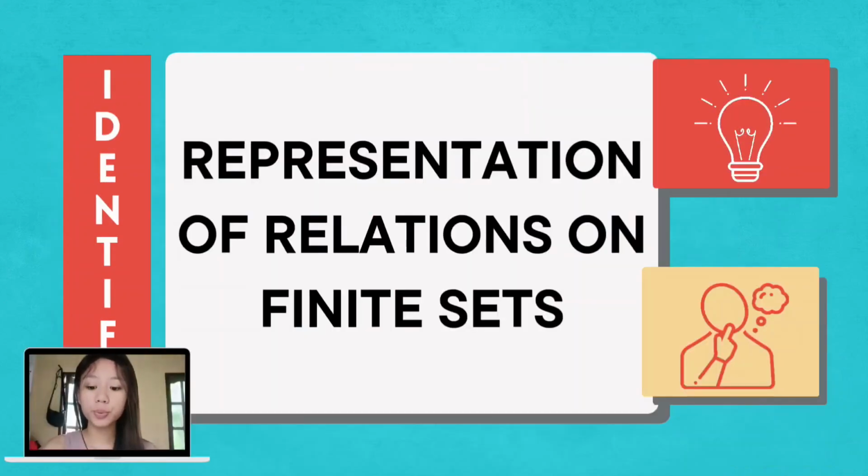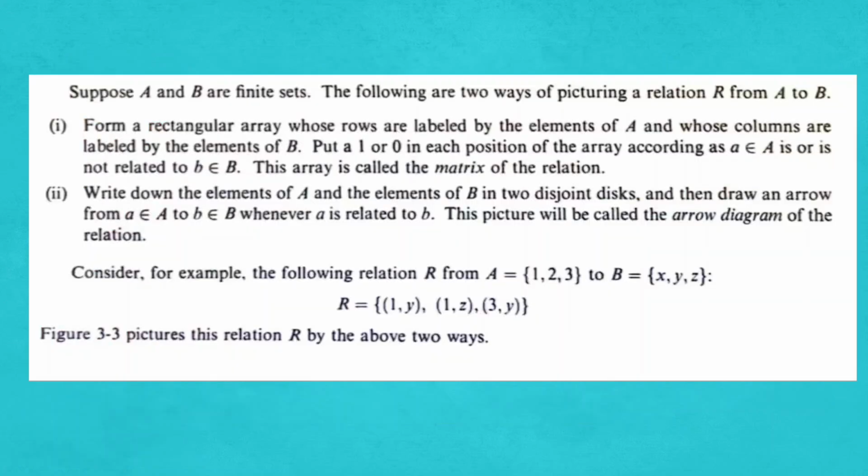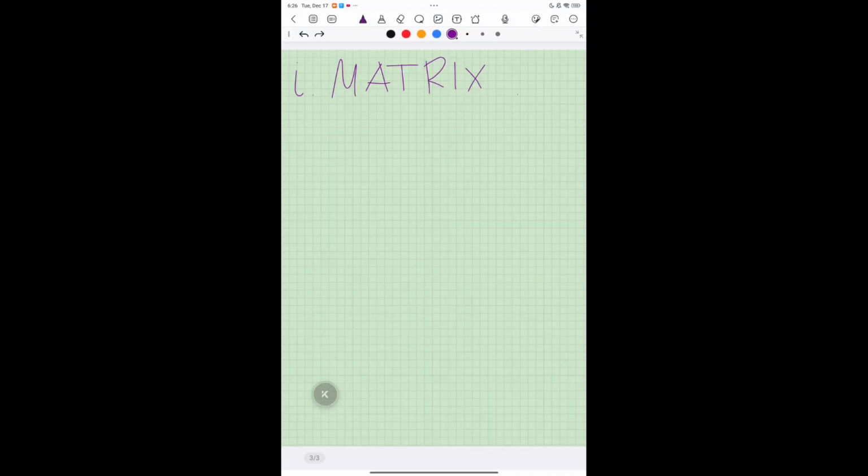So now let's proceed to representation of relation in finite sets. Suppose A and B are finite sets. The following are two ways of picturing a relation R from A to B. The first way of picturing a relation is called matrix.